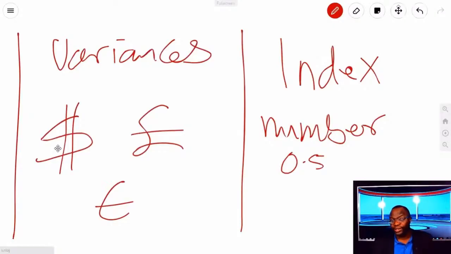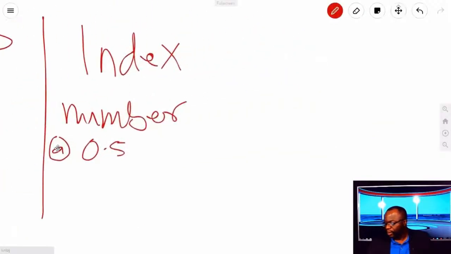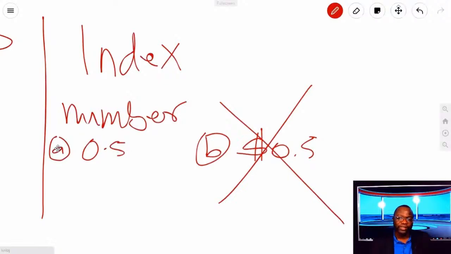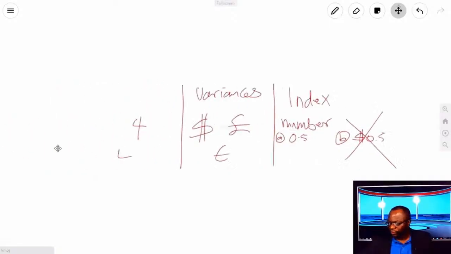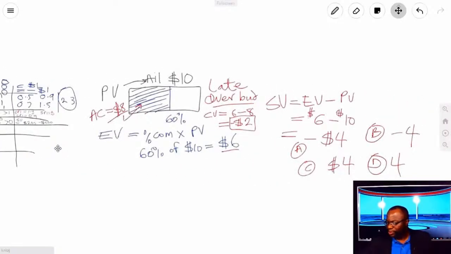So if you get questions on the indices and you have A, 0.5, B, $0.5, or things such as that, you know that this cannot be the answer because it has a dollar sign.